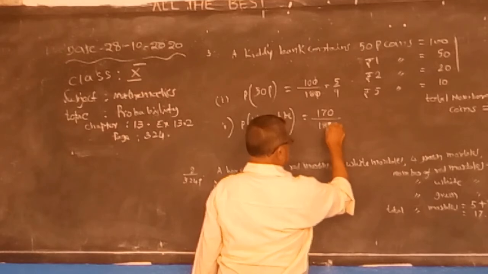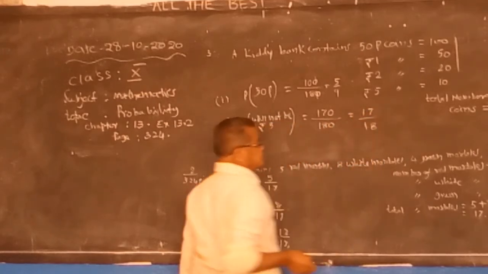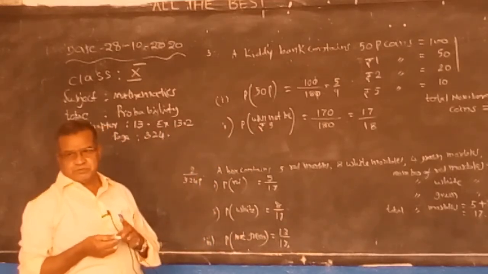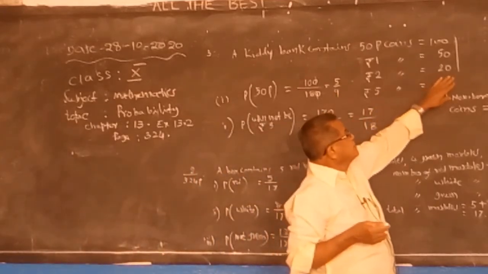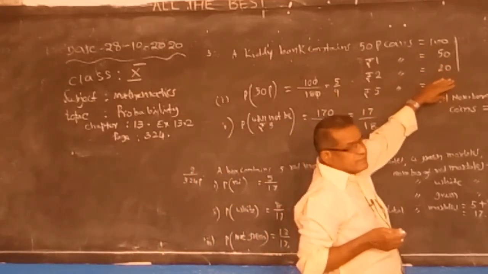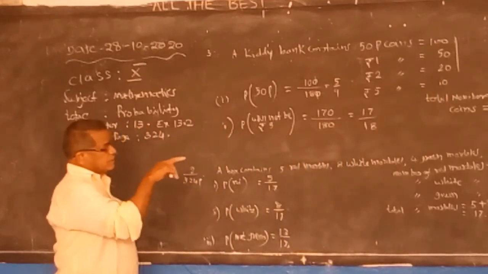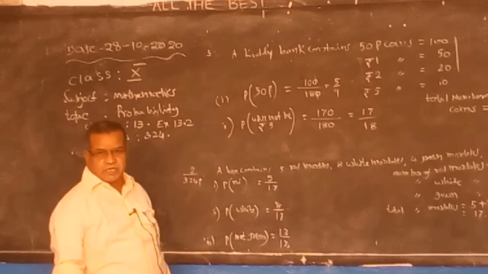The zeros cancel, 17 by 18. So this is the way of solution. Not 5 rupee coins, you remove these, so remaining coins are 170. Total number of coins in the kitty bank is 180. So 17 by 18 is the answer.